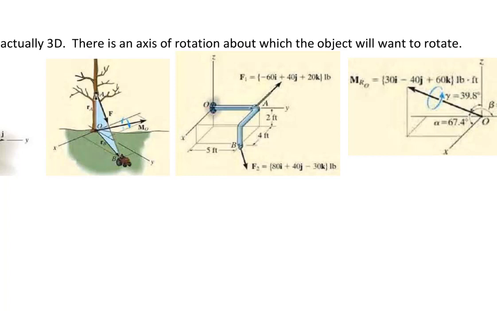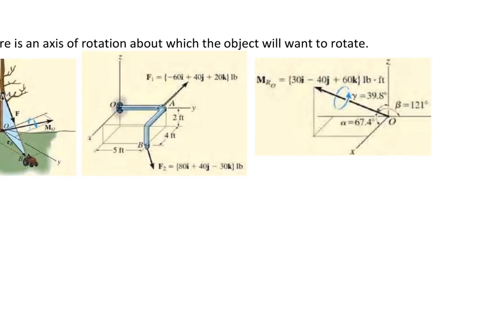Once you define the moment vector, you can draw it. The moment vector has I, J, and K components, and that becomes the axis about which the object wants to rotate. If the moment vector looks like that, this is going to be the twist, or the want-to-be twist, about that axis.